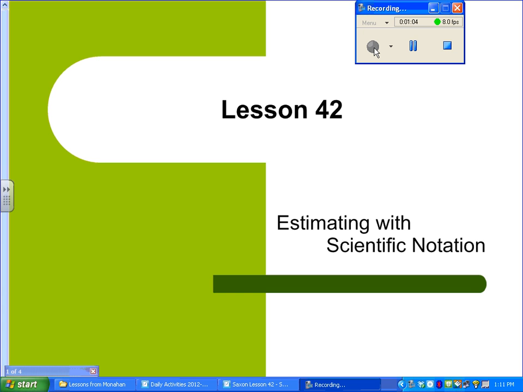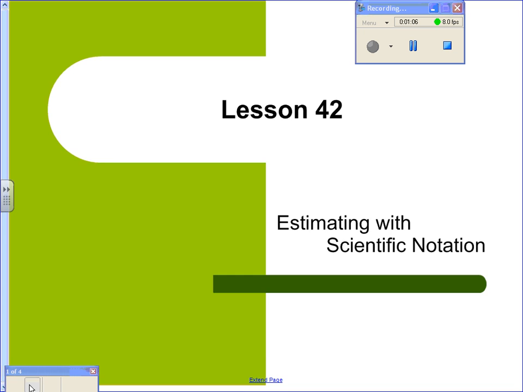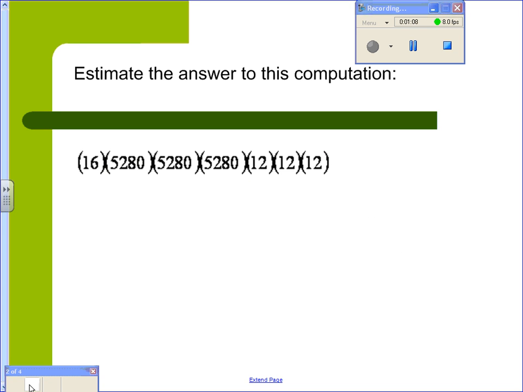Today we're looking at lesson 42, estimating with scientific notation. We've got 16 times 5280 times 5280 times 5280 times 12. We want to estimate to get the answer. Y'all remember how to estimate?